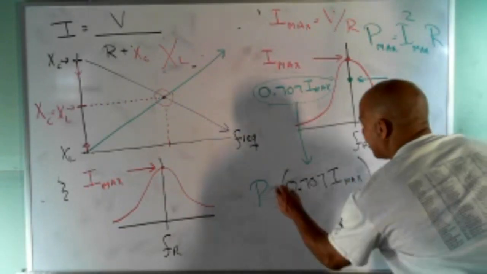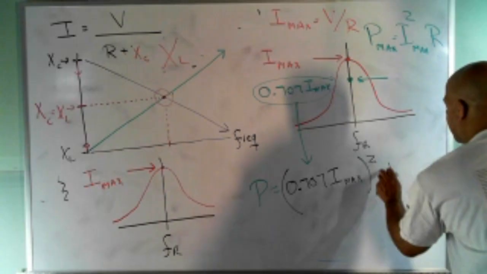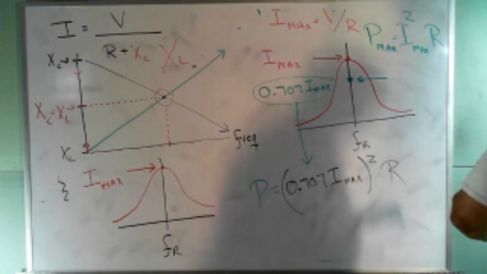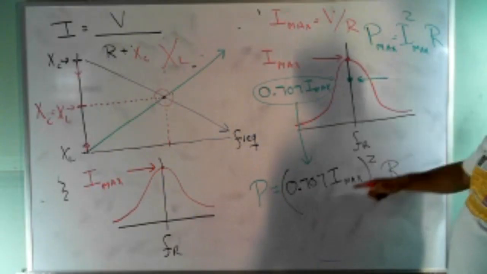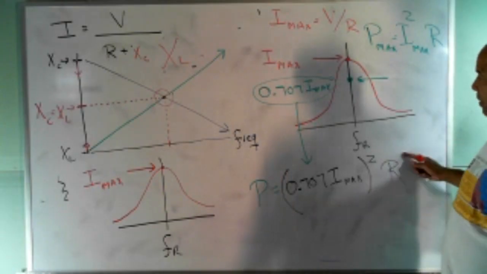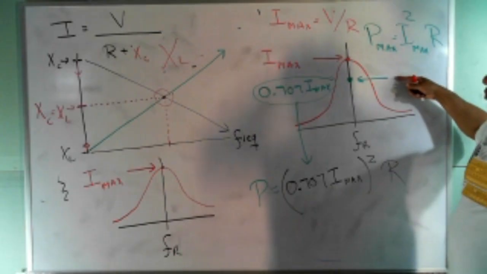I've got to take that and square it and multiply it by R. If I do that, I get the power at this point. You guys agree with that?